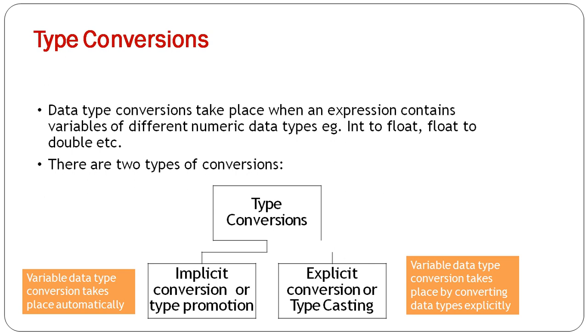So if we want our value to be changed from one format to another format, then we can use this type conversion. Variable data type conversion takes place automatically in the case of implicit conversion, and explicit conversion means we have to do it manually with some keywords. That is explicit conversion, or typecasting.